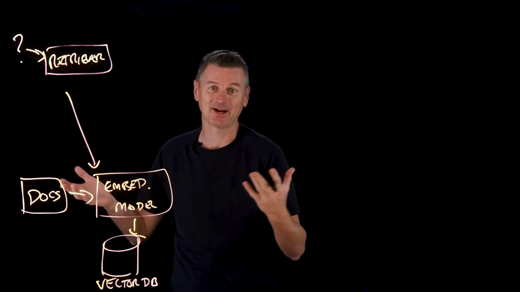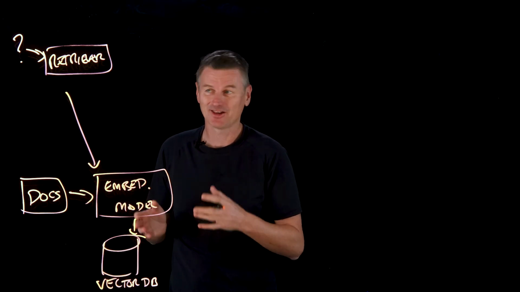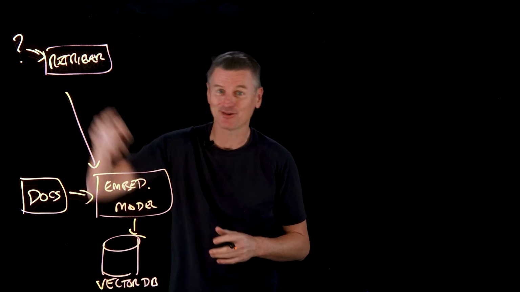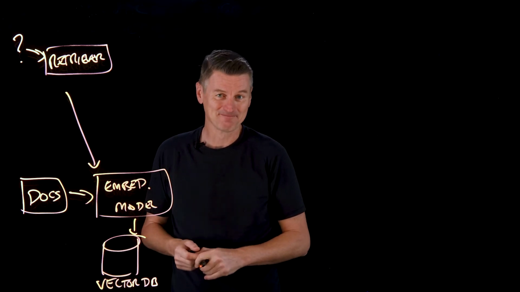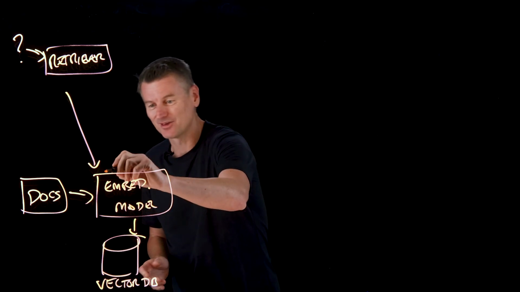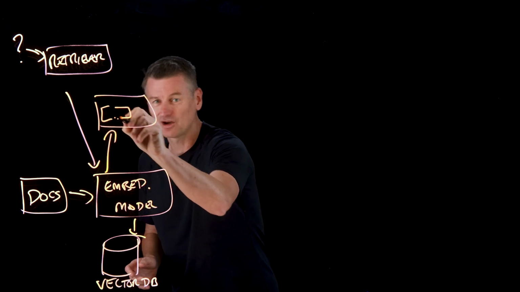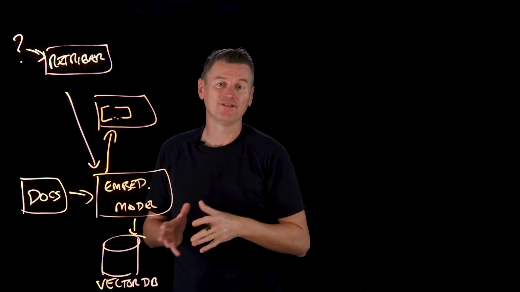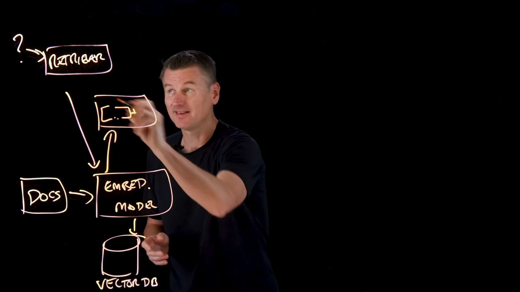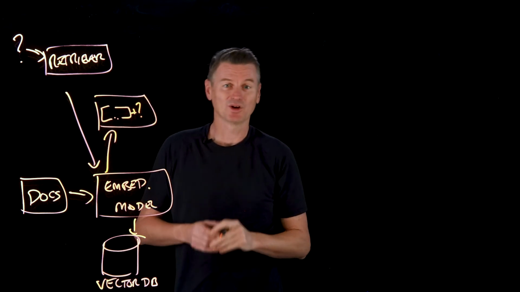There might be something like 3 to 5 passages that are most likely to contain the answer to the user's query. And we're going to take those chunks and put them into the context window of the LLM alongside the user's initial query.